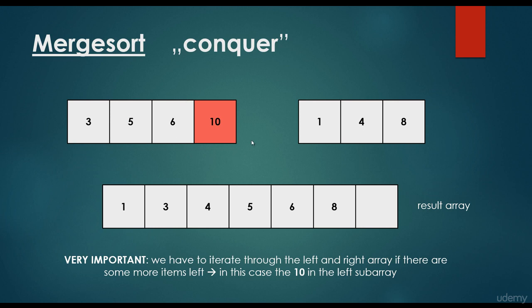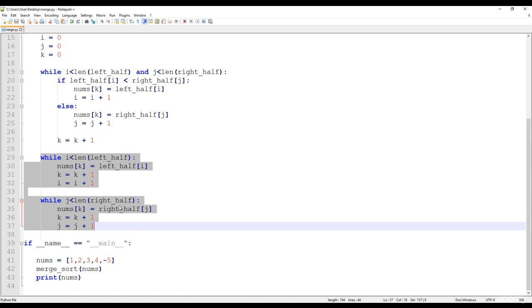In this case, we have some items in the left subarray when we have already considered every single item from the right subarray. So that's why in this case we have to copy all the values from the left subarray into the result array. And of course the same situation can occur in the right subarray, which means that we have considered every item in the left subarray and we have some leftover in the right subarray, so we have to copy those items. So this is why we have these two while loops.